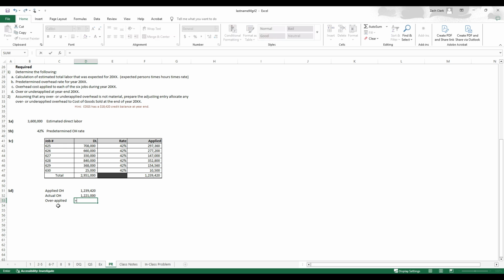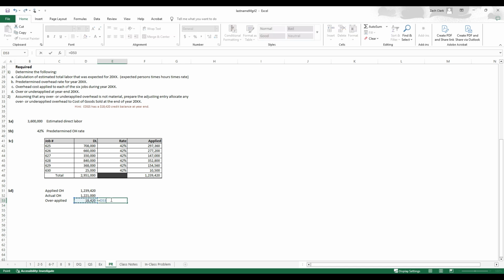And let's see, we want to take just the difference between those. So basically what we're saying is we thought that our total overhead costs were going to be this based on this allocation rate, and the base of direct labor, etc. But in reality, we only actually paid this much. And so we were over applied 18,000.